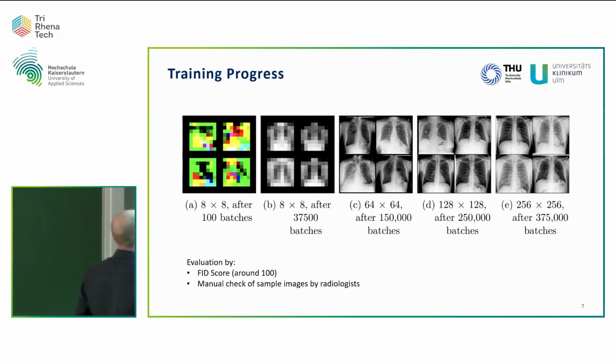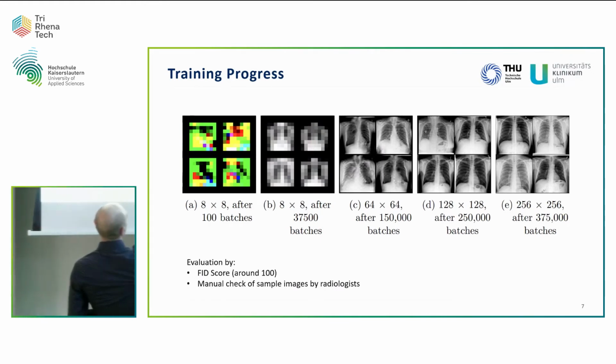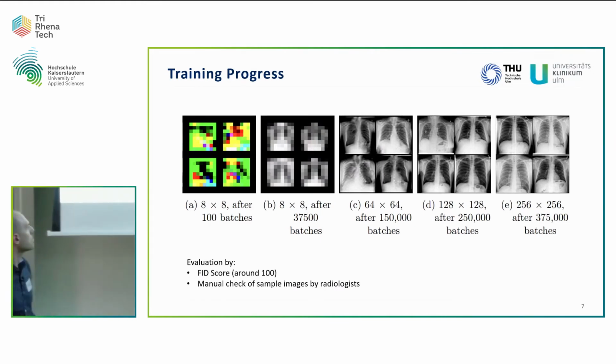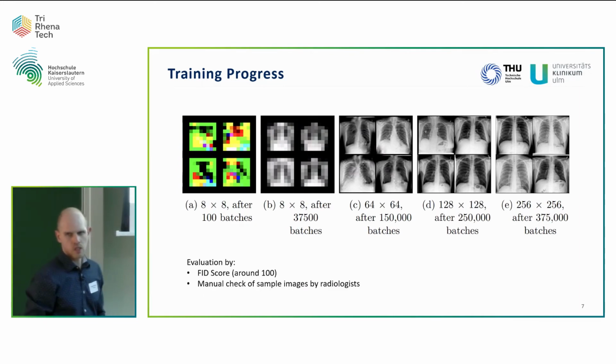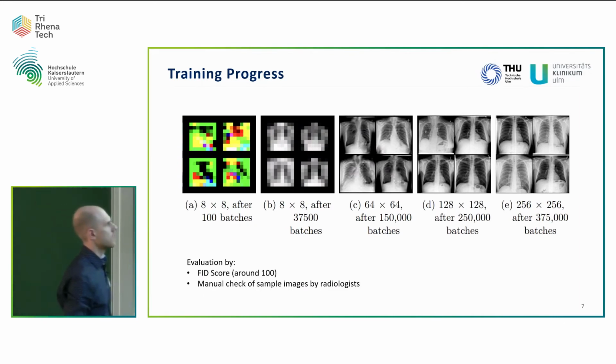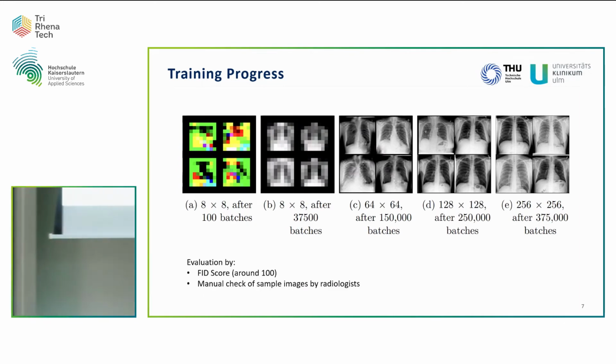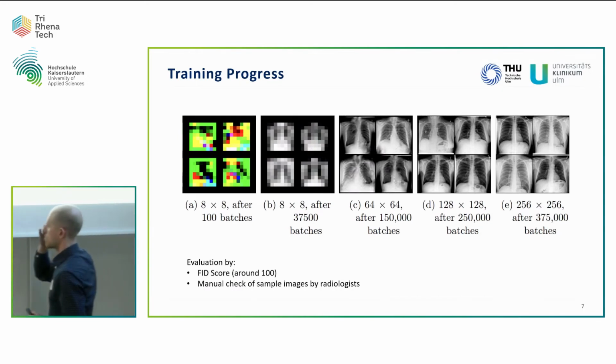After some training, even the 8x8 images closely resemble small X-ray images. So we can see that this takes form, and in the end, we stopped at 256 by 256 resolution, and they looked quite good. So what does it mean?